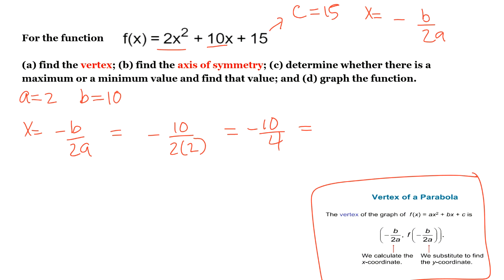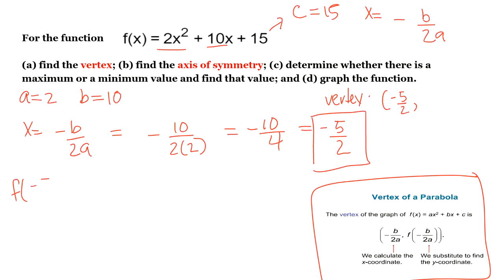We always reduce. So the x of my vertex is negative 5 over 2. Now I need to plug that back into the function to find the y.